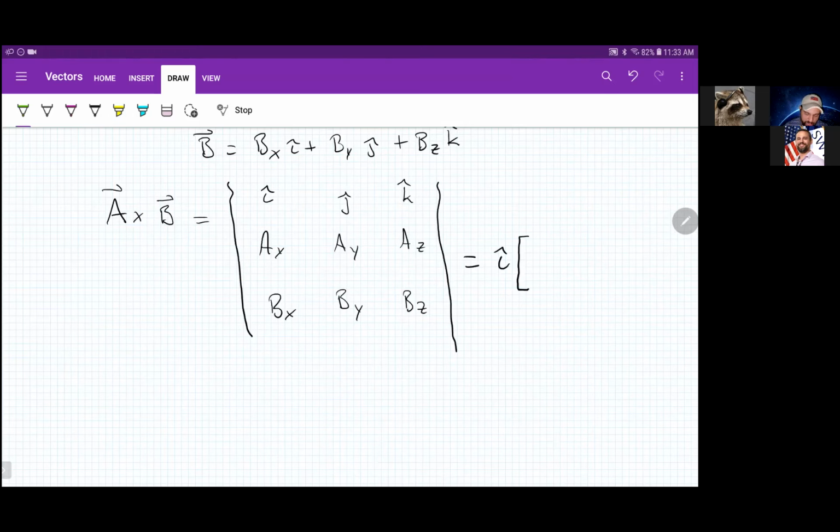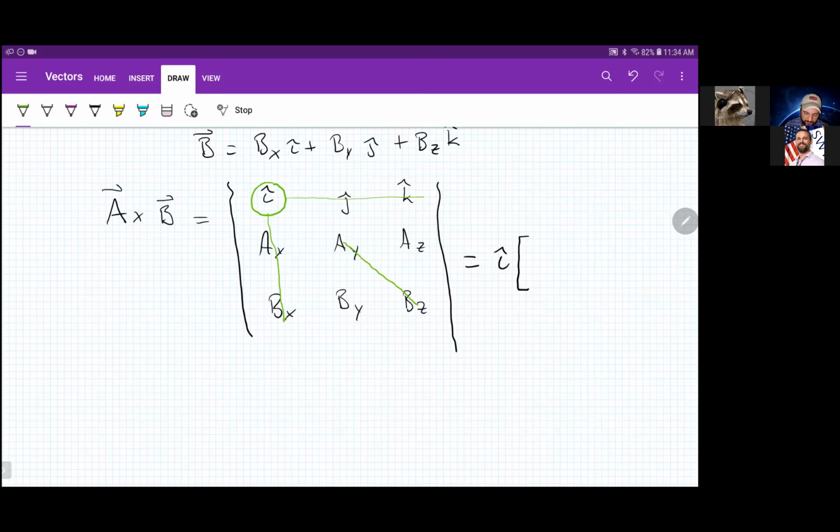For the I hat component, I am going to ignore everything here and everything here. I'm only looking at these 4 variables here, AY, AZ, BY, and BZ. And so I'm going to multiply these. So I'm going to do AY times BZ.